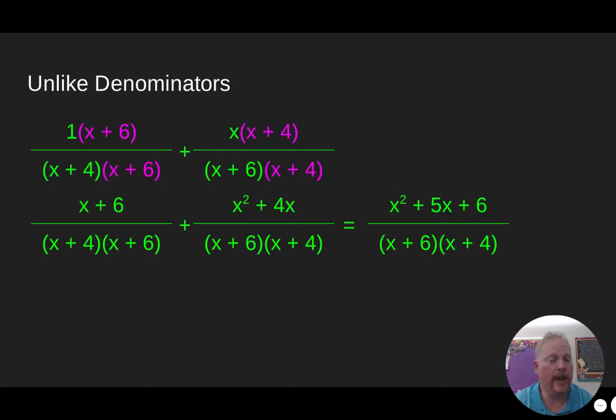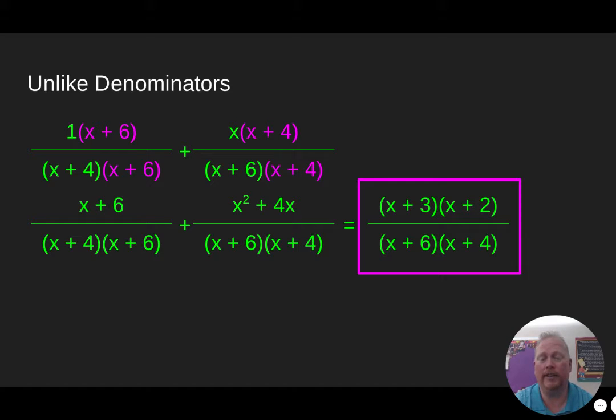So I think I can factor that numerator into x plus 3 times x plus 2. But when I do that, nothing reduces. Okay, well, I tried, but that's just my final answer right there: x plus 3 times x plus 2 over x plus 6 times x plus 4. So let's go ahead and try a few other examples and kind of hammer this concept home.